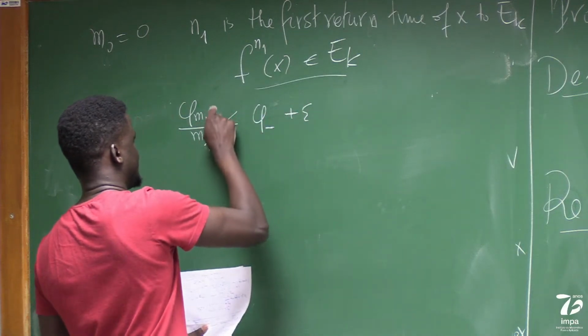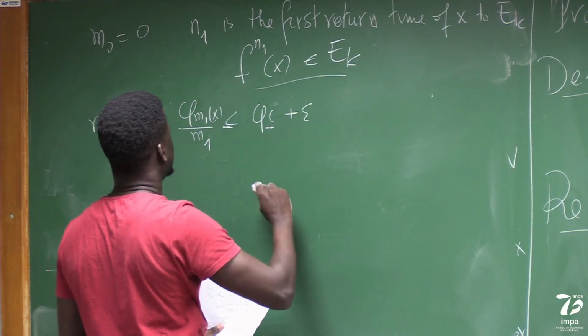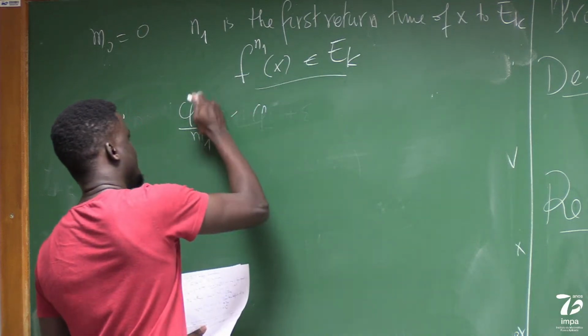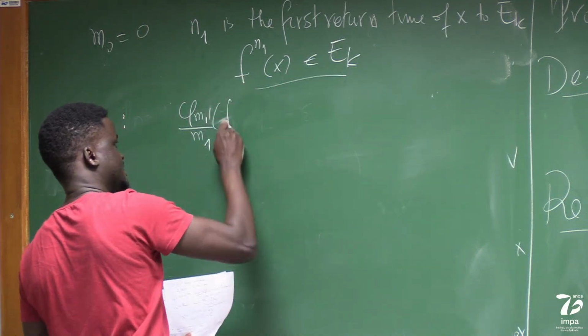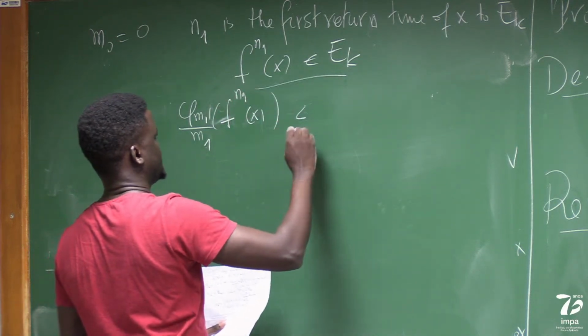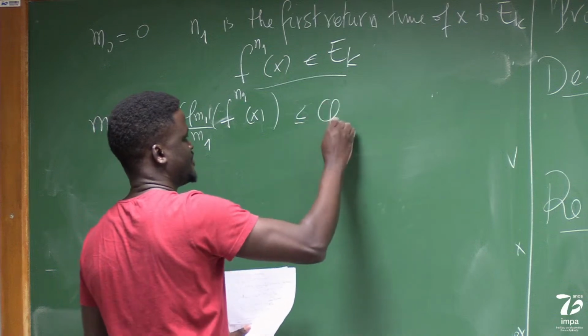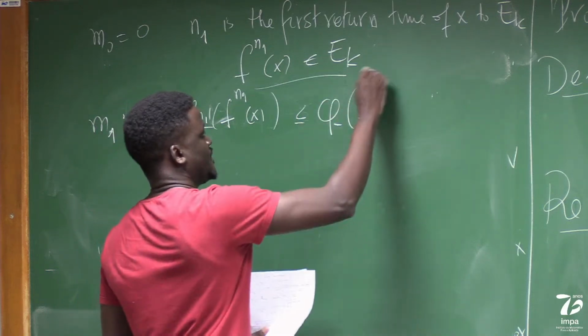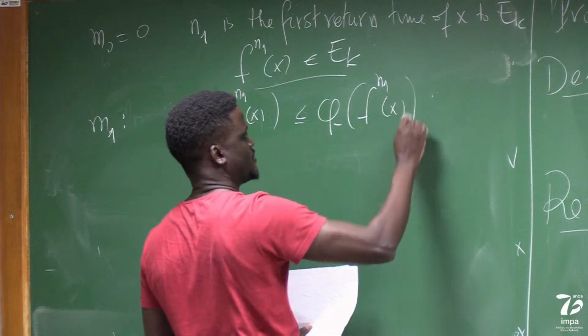So always for x, okay? Sorry, this is of N1, okay? This is f^N1 x is less or equal to phi minus of f^N1 x plus epsilon.